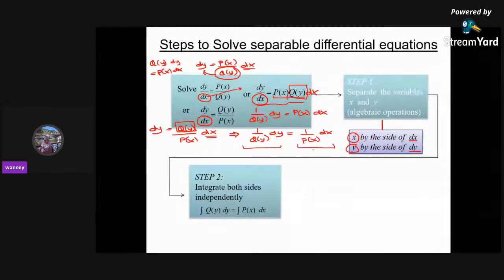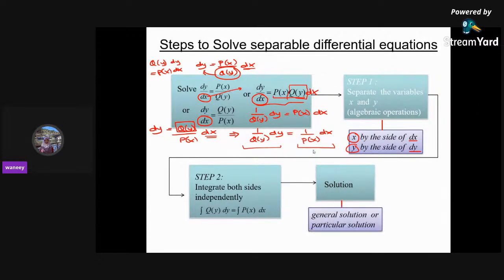Solve the left hand side, and then solve the right hand side as well. Integrate kiri, integrate kanan. I think it will be quite easy if we can see the example later on, but for now, do make sure to separate the variable and then integrate both sides. And then you're going to get your solution, but be careful.